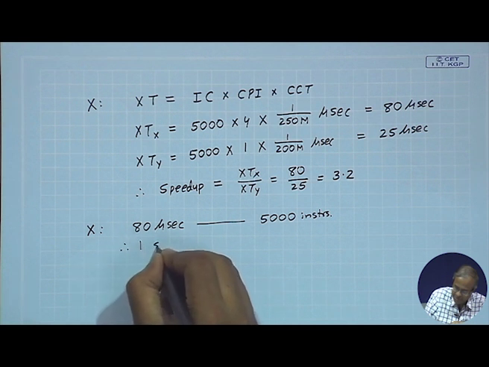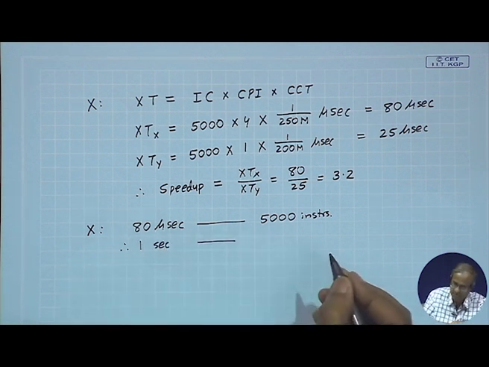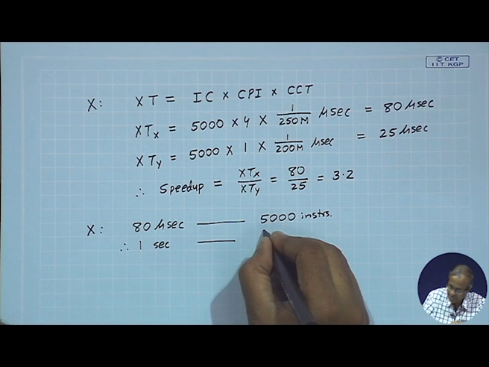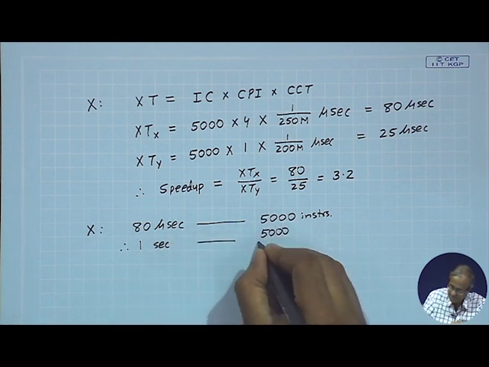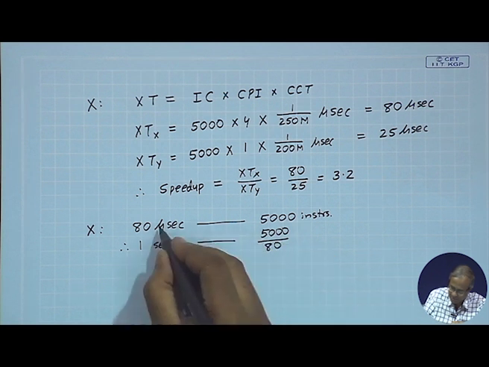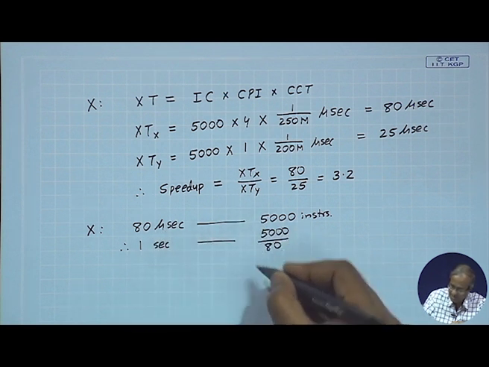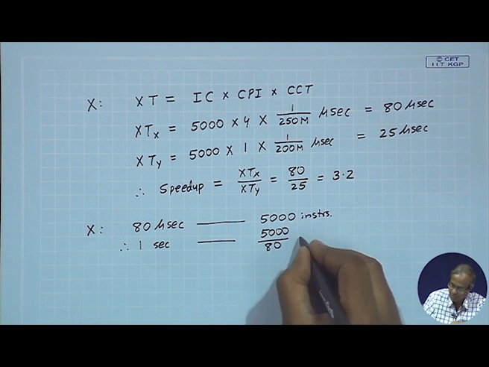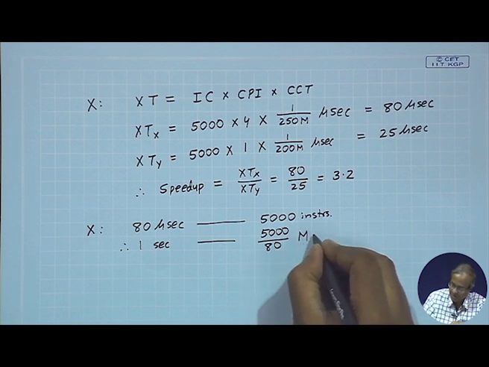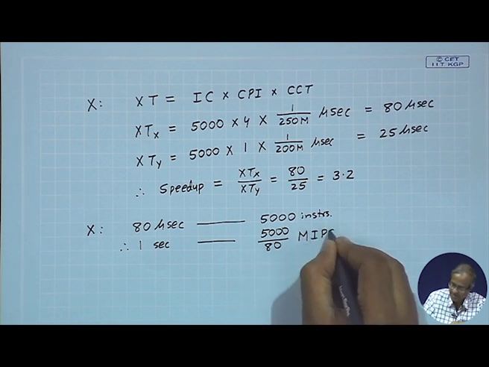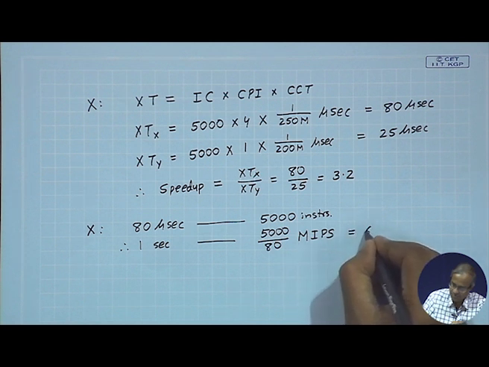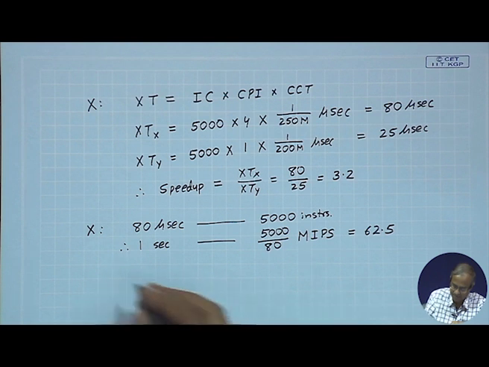Therefore, in 1 second how many can you execute? This is your MIPS, million instructions per second: 5000 by 80, micro is there. Micro is 10 to the power minus 6, when it goes up it will be 10 to the power 6, it will be mega, million instructions per second. So, this comes to 62.5 million instructions per second.